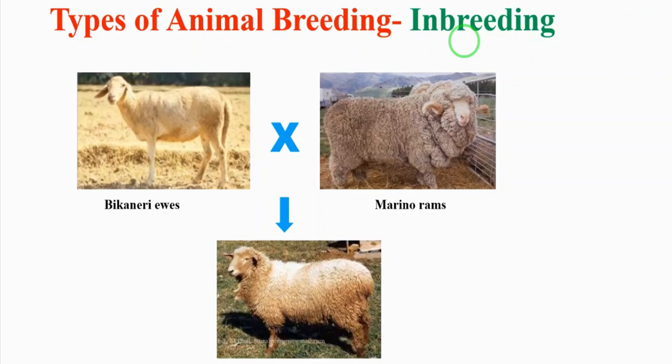Superior males and superior females of the same breed are identified and mated in pairs. So we have to select high quality males and high quality females and mate them in pairs. It helps in the accumulation of superior genes and the elimination of undesirable genes. So the next generation possesses the superior genes, and the undesirable genes can be eliminated.